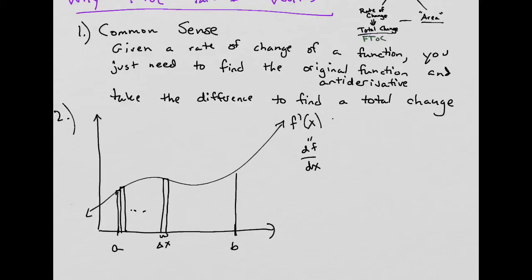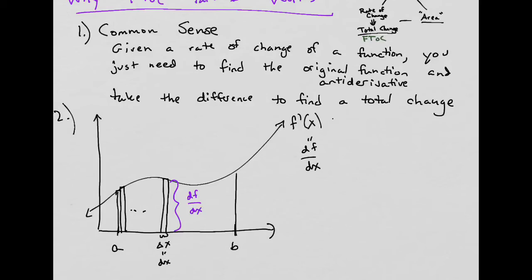If you think back to how we set up our Riemann sums, it's delta x, which we represent with dx. So this really thin rectangle has a width of dx and a height of df dx.